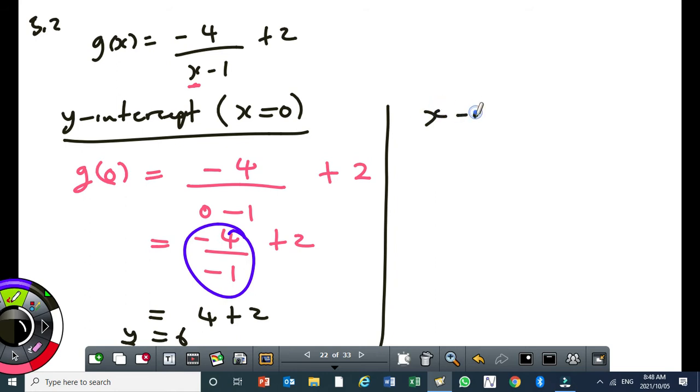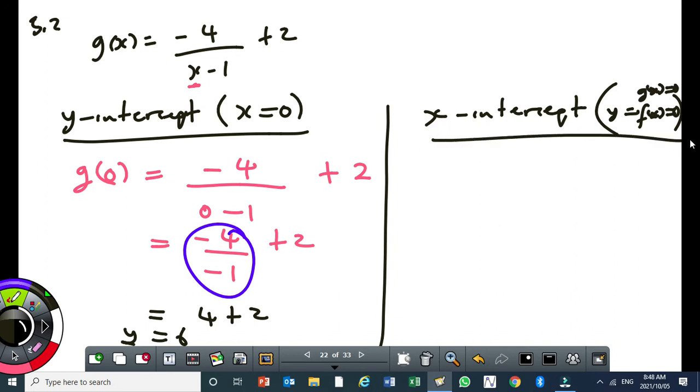Then the x-intercept, you get this when y or f of x is equal to 0. Right? In this case, it will be g of x equal to 0. So where there's g of x, we put 0 there.